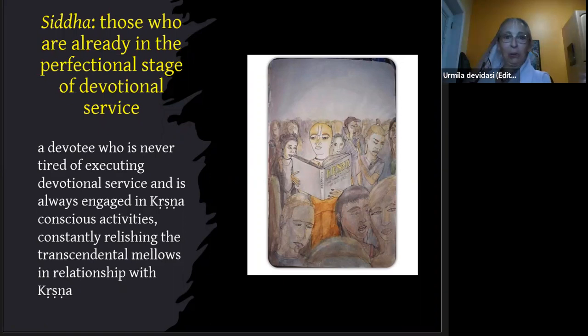And it's like, oh, okay. Sometimes I think sadhakas try to artificially pretend to be siddhas. This is a very nice definition of a siddha. It reminds us, of course, in the Upadesamrita, of those who are undeviating in their devotional service.